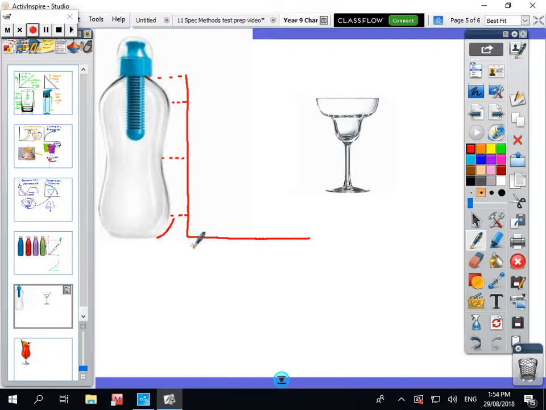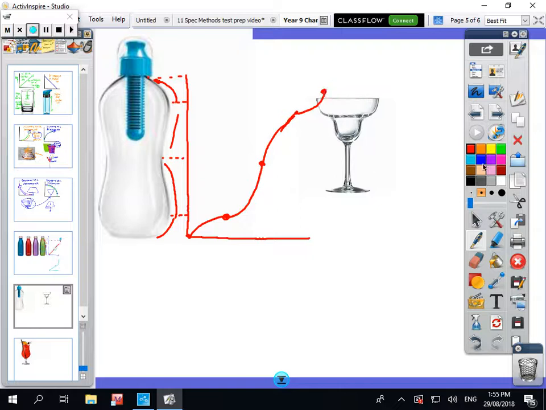So it's getting wider, so it's slowing down, and then it's narrowing in, so it's going to get quicker, and then it's going out, and going wider, so it's going to slow down again, and then it's getting narrower, so it's going to get quicker.